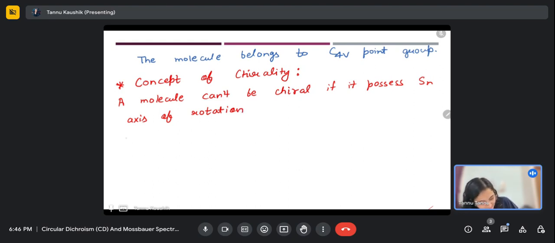So firstly we will have to find out the point group of the molecule, and then we have to check whether it has Sn, that is improper axis of rotation.